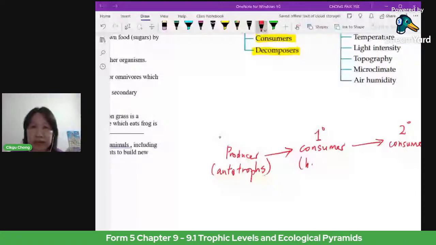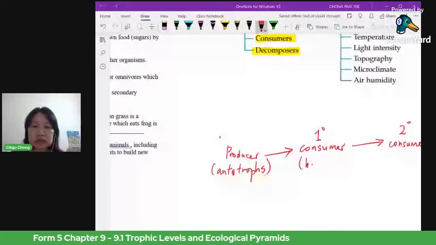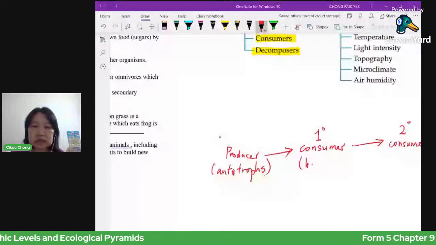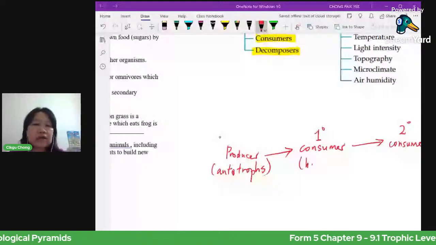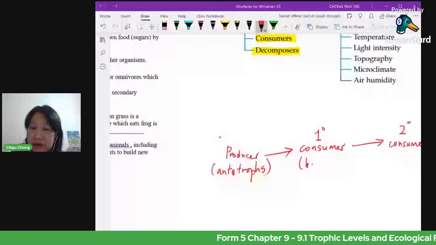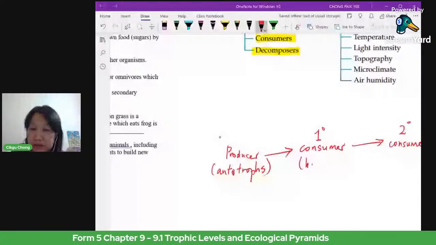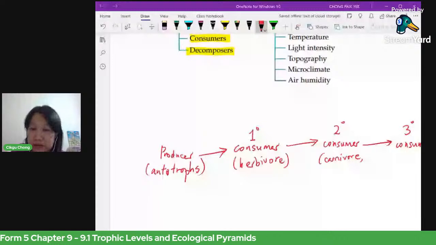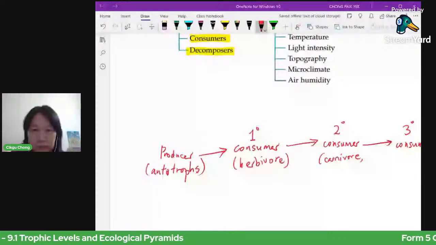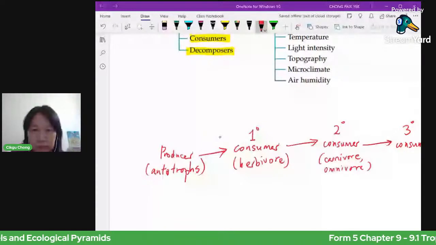So the primary consumer has to be a herbivore. And the secondary consumer can be a carnivore. It also can be an omnivore. Omnivores are those organisms that eat plants and also eat animals.